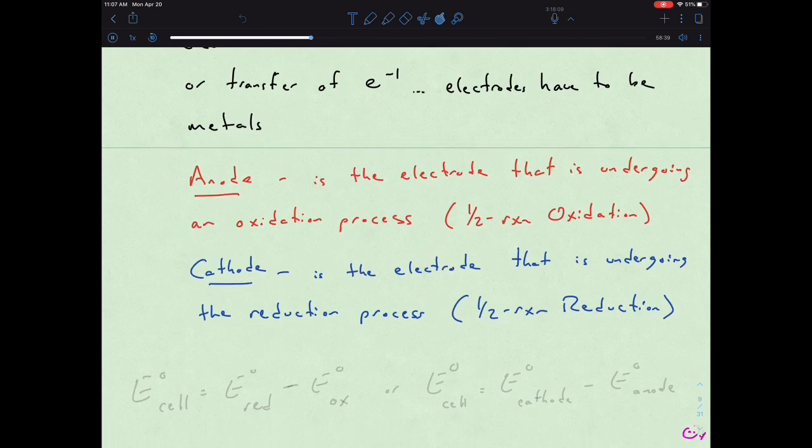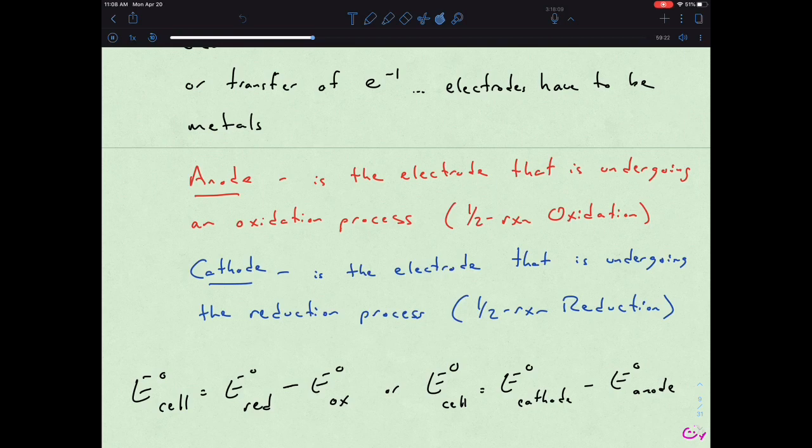So we could write our equation a little bit differently, in terms of the cell potential is equal to the reduction minus the oxidation, or we could say that the cell potential is equal to the cathode potential minus the anode potential. It's really kind of the same thing.